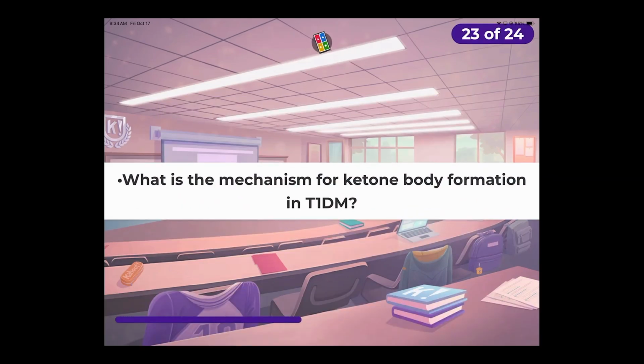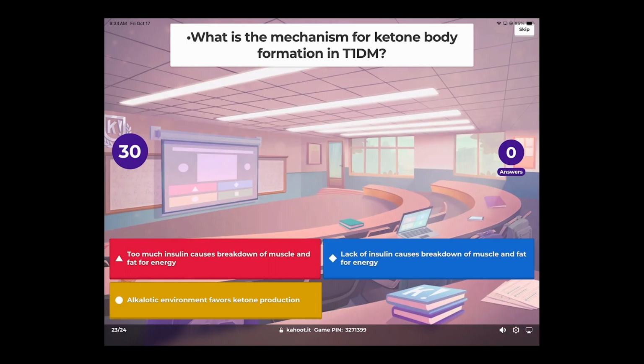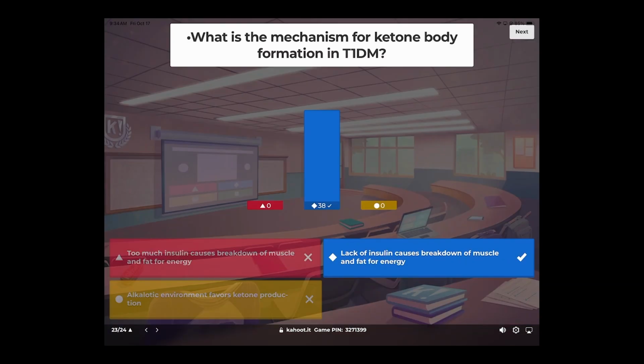Last two. What is the mechanism for ketone body formation in type 1 diabetes? So even if you didn't know, type 1 diabetics don't have any what?